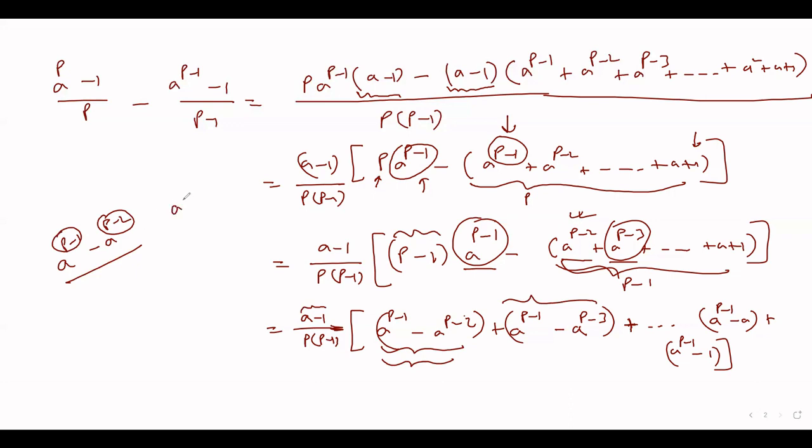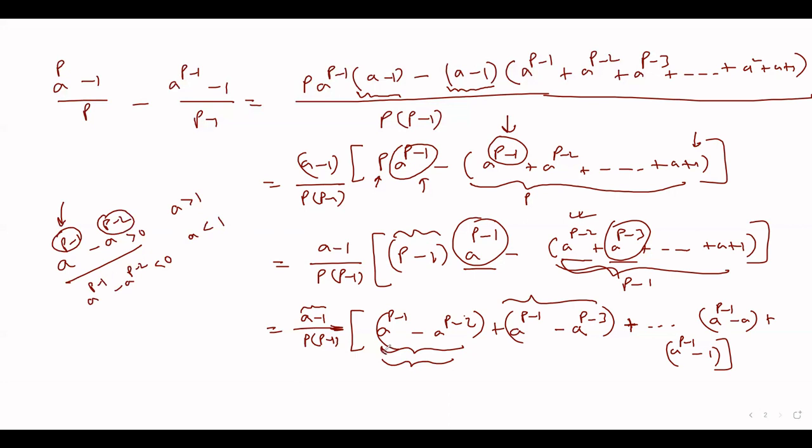So if you know that a is greater than 1, then this is going to be positive, because a number greater than 1 raised to a bigger power means a bigger expression. But if a is less than 1, then this same expression is going to be less than 0.